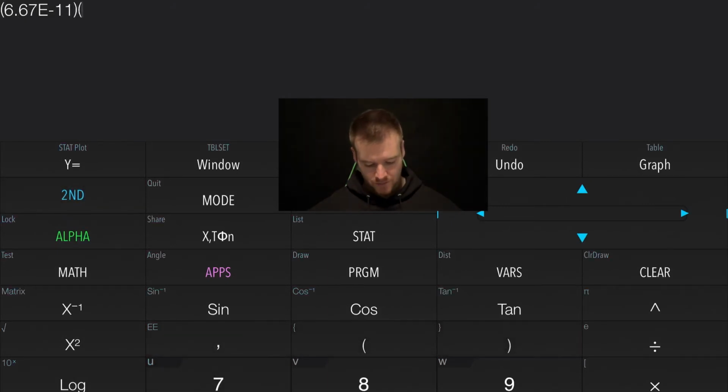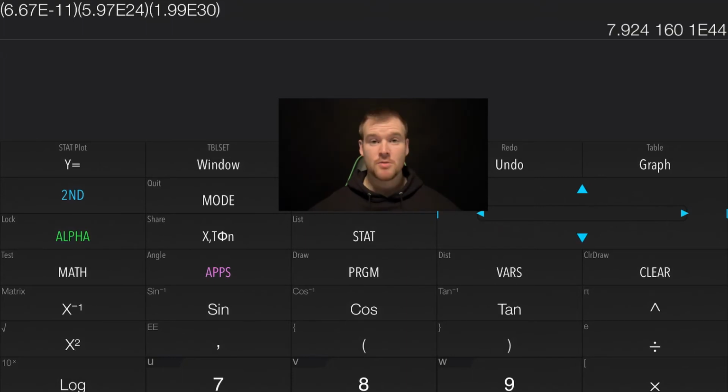Close our brackets, put 5.97 times 10 to the 24. That's going to be Earth. And brackets 1.99 times 10 to the 30, which is going to be the sun. That's my numerator value. It's really big, and I just have to divide by the distance from the center of the Earth to the center of the sun, which is 1.5 times 10 to the 11, and square that number.